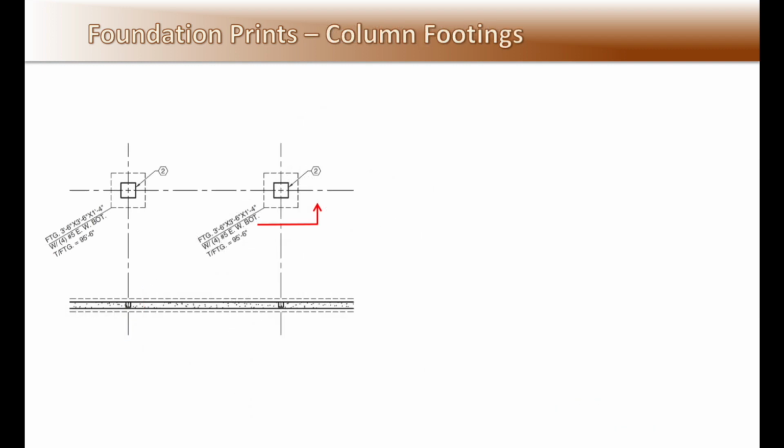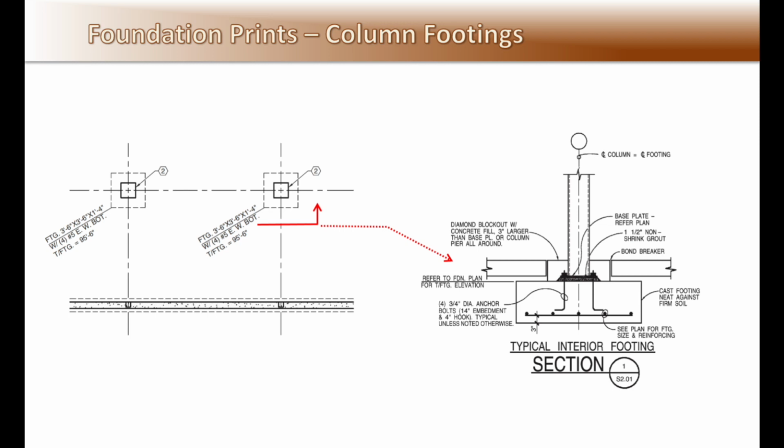Here is an example of a column footing and section. A column footing is usually a square or sometimes rectangular chunk of concrete poured in a hole on grade sized to support the dead and live loads from above. Column footings are typically located at the intersection of building center or column lines, as seen here.